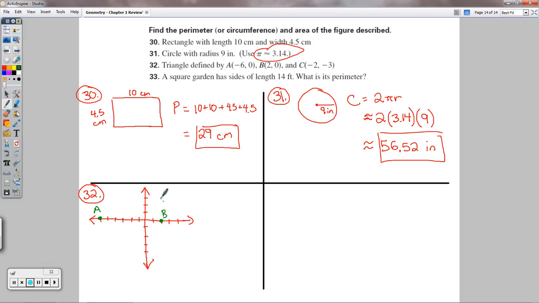That would be point B. And then -2, -3. This would be point C. And so a triangle defined by that. I might have to use an extra piece of paper for this one, because I'm going to have to find out what's this right here.